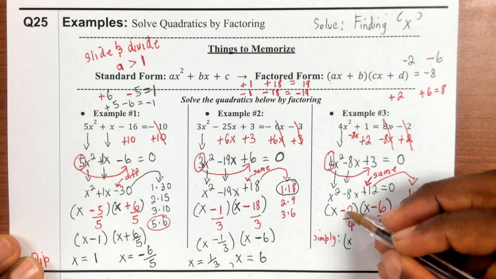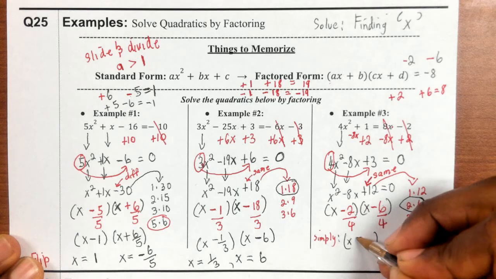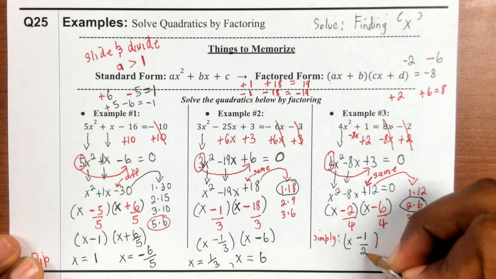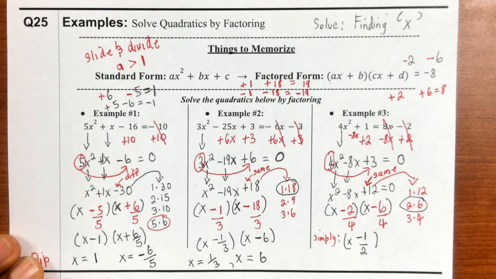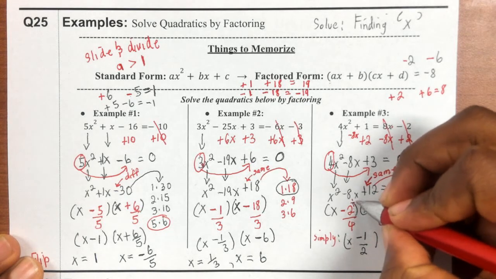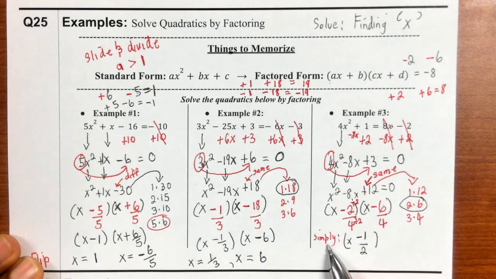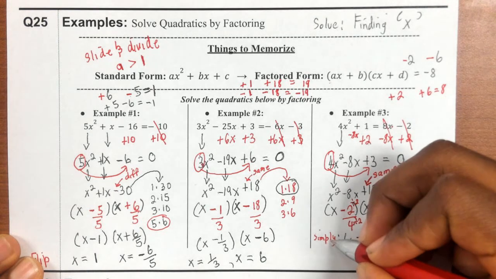Yup, by 2. So negative 2 divided by 2 is negative 1. And 4 divided by 2 is 2. And this has been simplified by dividing both the numerator and the denominator by 2. We just simplified it, all right?